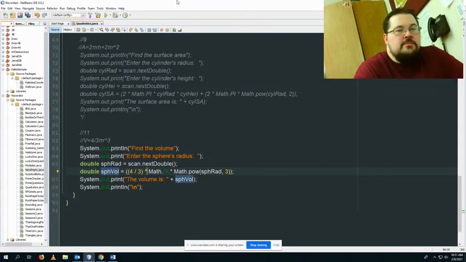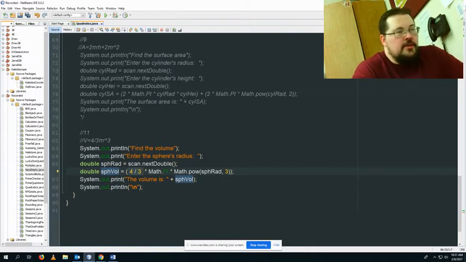And the reason being is because of this fraction. Now, 4/3 is important. We know it's 1.333333. The problem is we're doing integer division inside Java. 4 is an integer. 3 is an integer. So when you divide those, you get another integer, meaning your answer will always be 1.